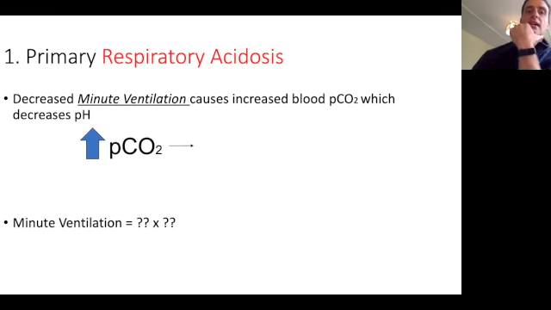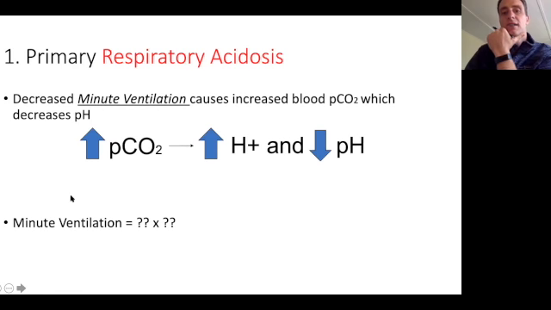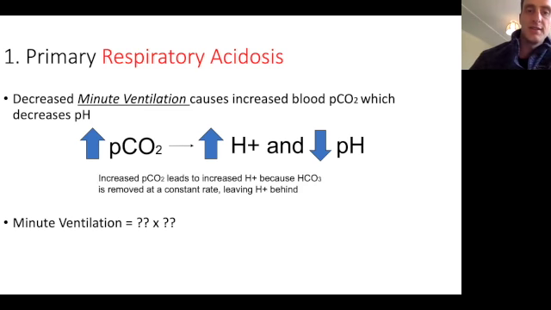And the basic equation here is an increase in PCO2, which is the partial pressure of carbon dioxide, leads to an increase in hydrogen ion concentration and a decrease in pH. You probably know the equation for minute ventilation, which is tidal volume times respiratory rate. A change in either of those values would affect minute ventilation and could cause respiratory acidosis.